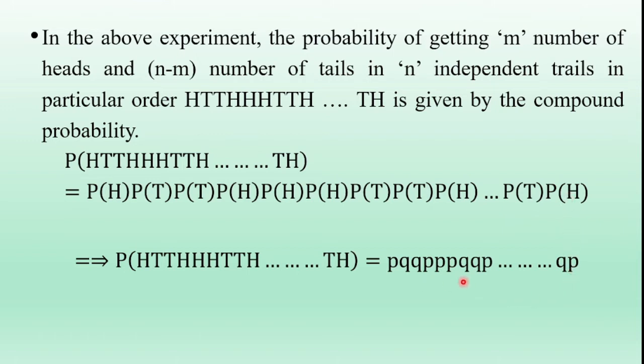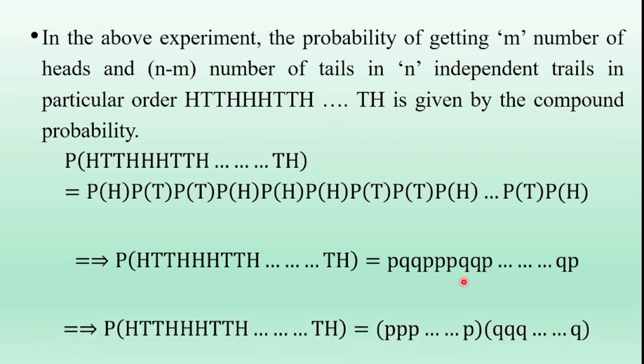After that, on the right-hand side, separately arrange the probability of success and the probability of failure, so P and Q are arranged separately. Therefore, the right-hand side is P into P and so on, Q into Q and so on. The P's are repeated small m times and the Q's are repeated n minus m times.